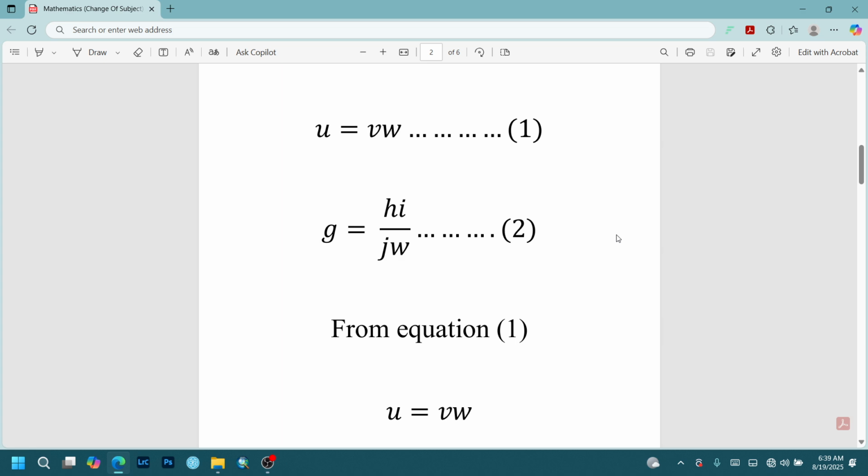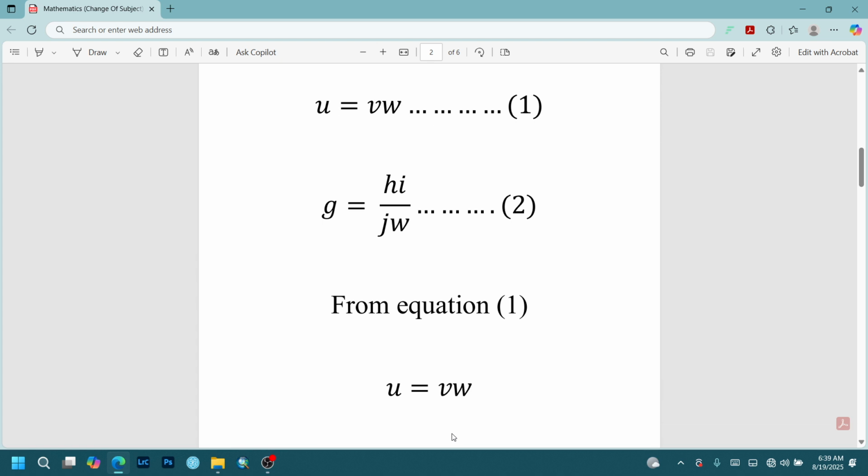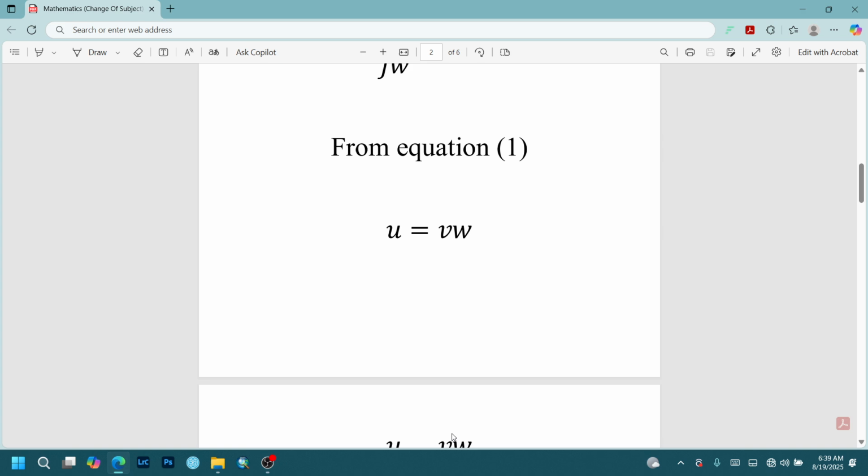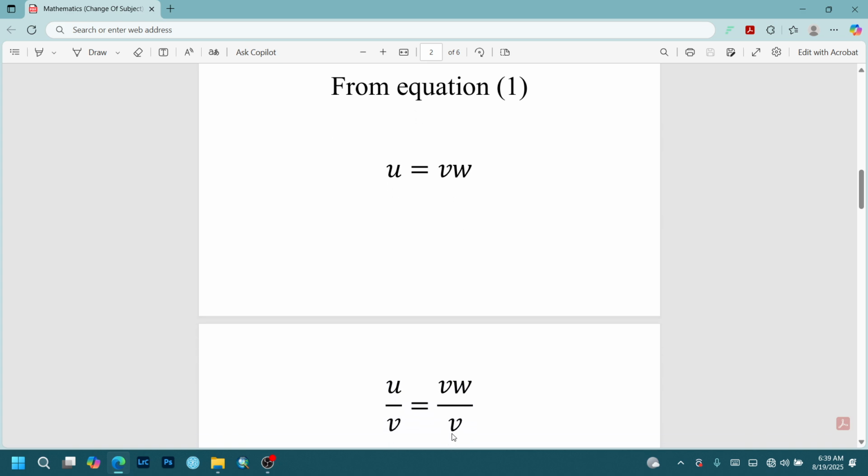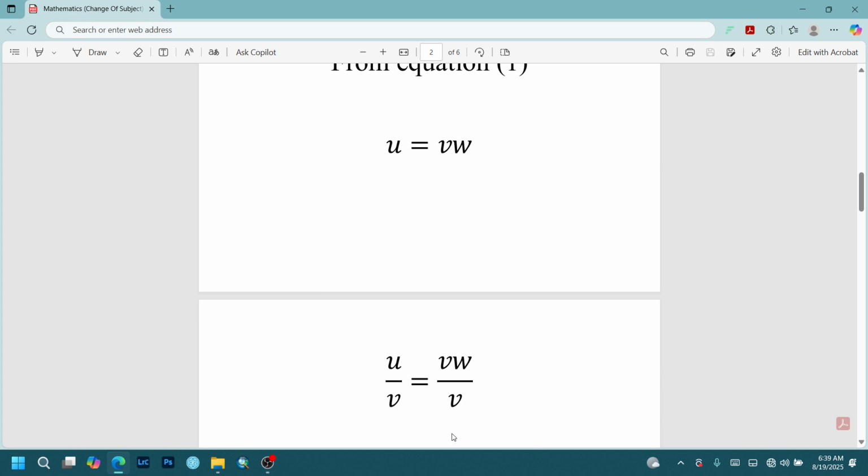so we want W to be the subject of the relation in equation 1. So we divide through by V. When you divide through by V, whatever you do for the right hand side, you do same for the left hand side, right? So hence we are going to have the fraction U over V equals the fraction VW over V, right?